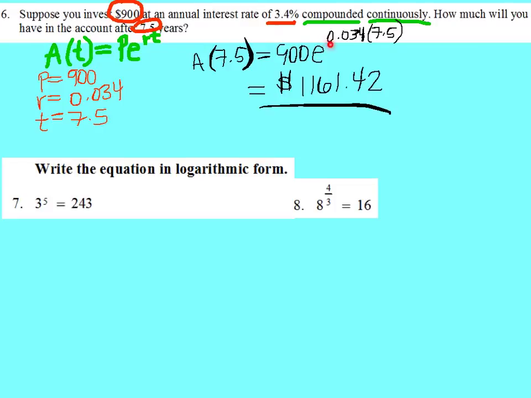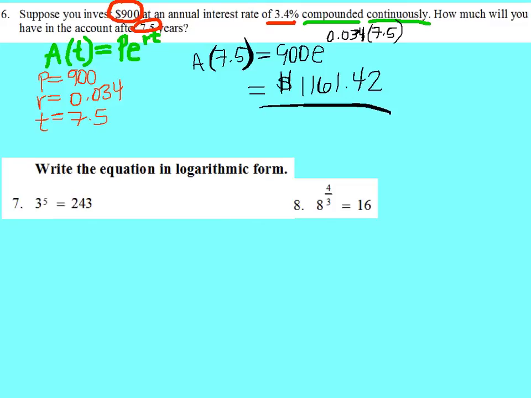In my power, I'm going to make sure that I use parentheses and say parentheses 0.034 times 7.5, close parentheses. I'm going to see what that's equal to, and then multiply it by 900. And since we're talking about money, I get $1,161.42. Alright, let's look at number 7 and number 8.